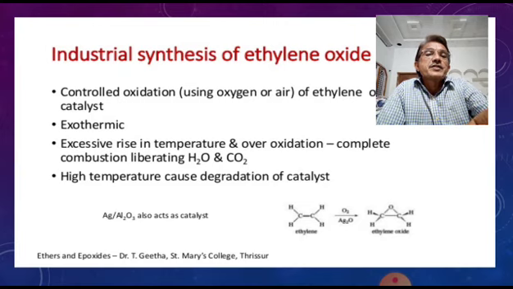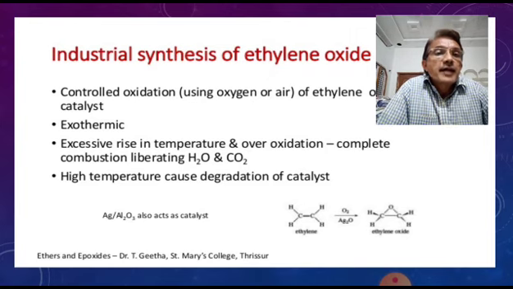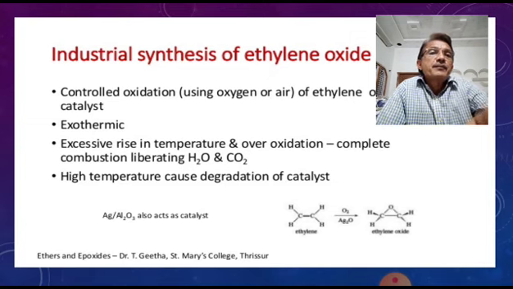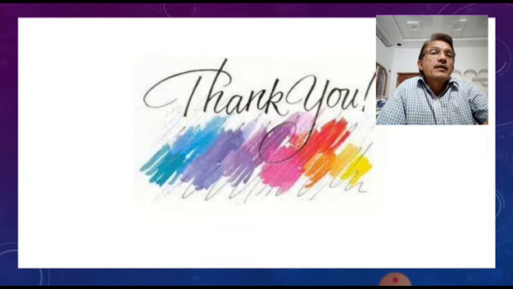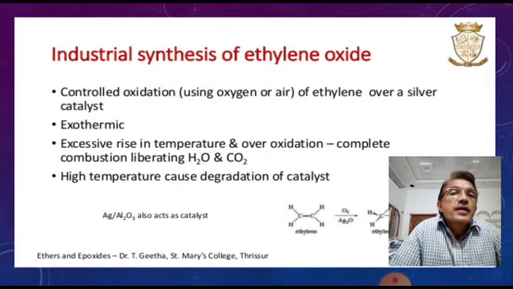After this, we already studied the industrial synthesis of ethylene oxide. Ethylene oxide can be synthesized on a large scale by controlled oxidation of ethylene over a silver catalyst. The reaction between ethylene and oxygen is highly exothermic.